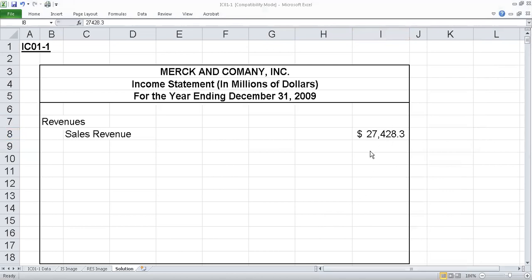But we'd put it in the rightmost column. And there would be no need to indent and say total revenues, because that would just be redundant. If sales revenue is the only revenue, we don't need a subtotal. So we would go right on to expenses. So this is how the presentation style would look if there were just one account in the classification.